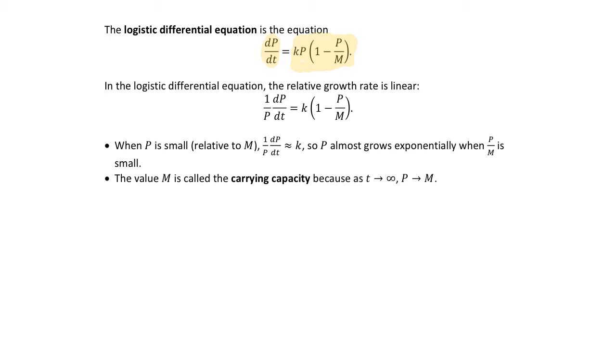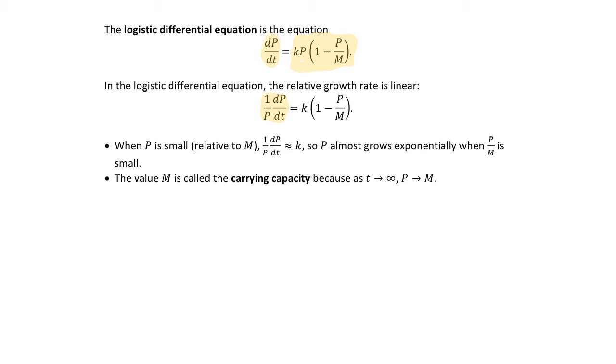Why are these special? The relative growth rate of any particular function is the derivative divided by the function itself. So here is the derivative multiplied by 1 over p. An example I gave in the exponential growth and decay is a city. If a city is growing by 500 people per year, that's much more significant if we have a city of 2,000 people than if we have a city of 2 million people.